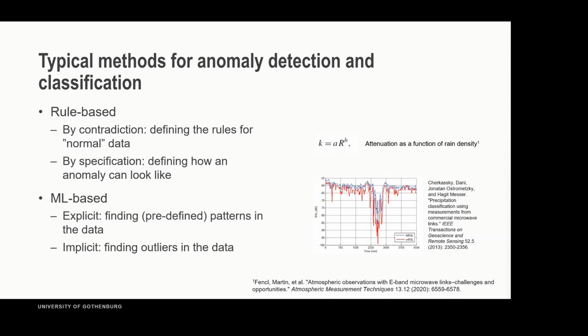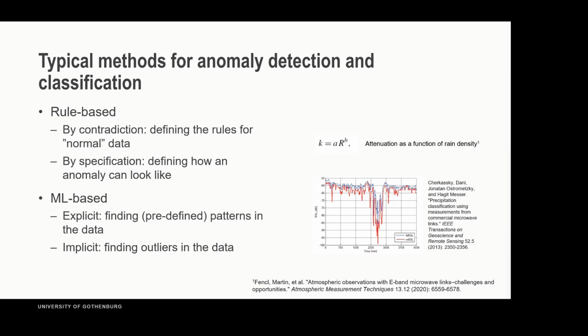One is rule-based. So we define certain criteria that have to be met in order to call something an anomaly. There are two types of rule-based definitions. One is by contradiction, which is the most common, basically saying that an anomaly is everything except the normal data. And we can define what normal data can look like.